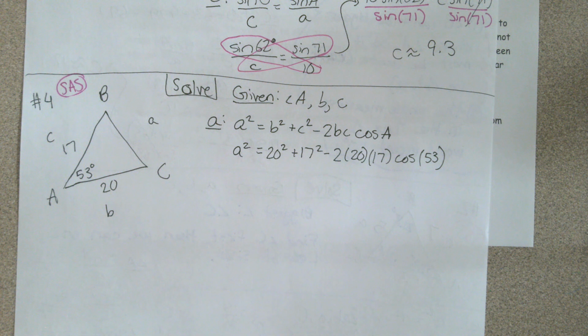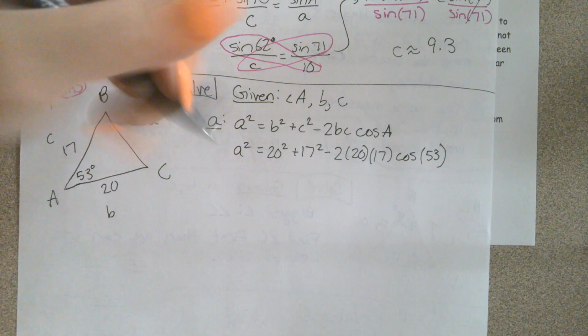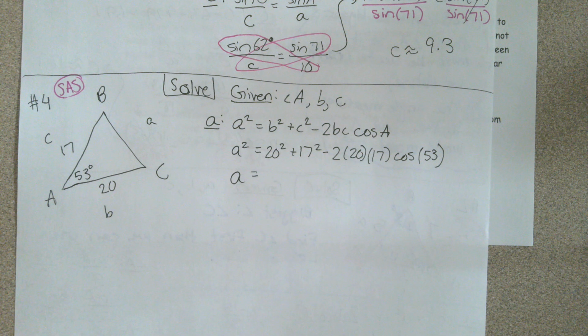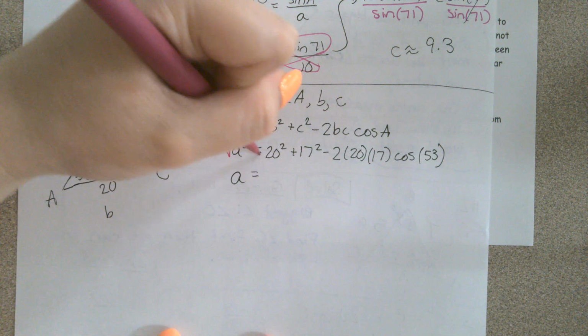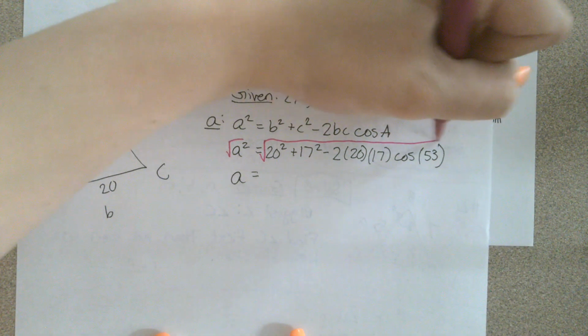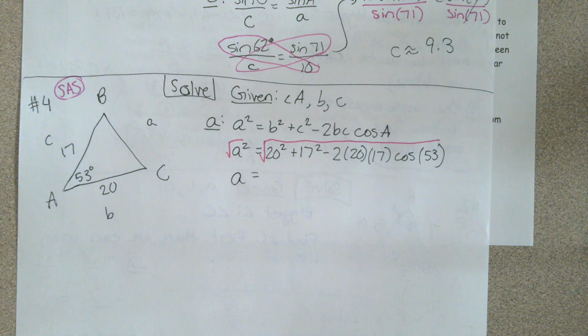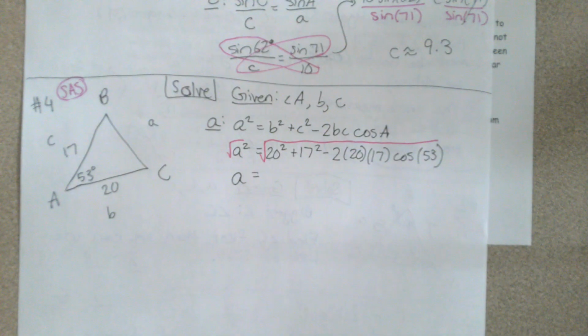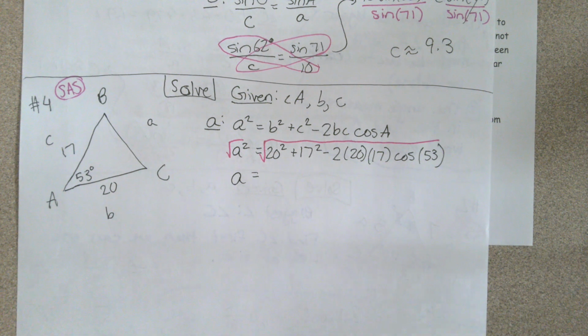Before you type all of that into your calculator, reminder, our goal is to find A, not A squared. That is accomplished by square rooting both sides, and in particular the right side. So make sure you put all of that under a root when you enter it into the calculator.